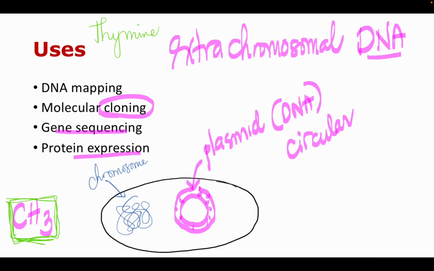This methyl group will tag, label, or be found in the plasmid of the host, such as a bacterial cell. Because of that methyl group, the bacterial DNA will be protected from the restriction enzyme.